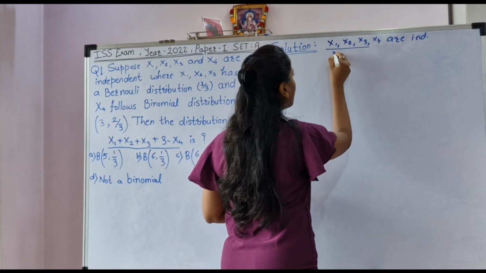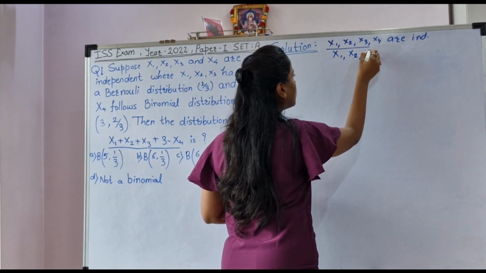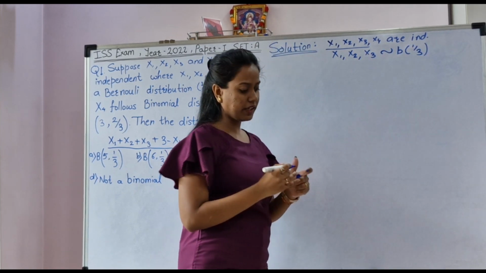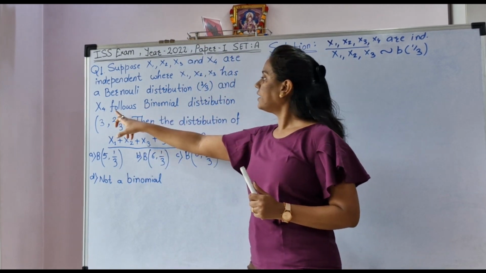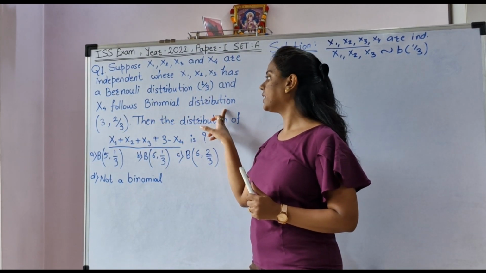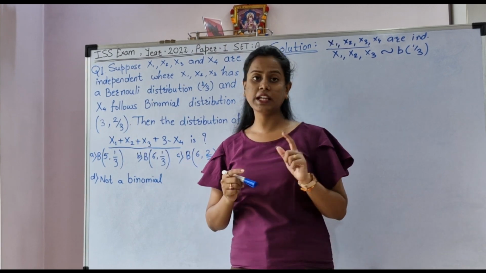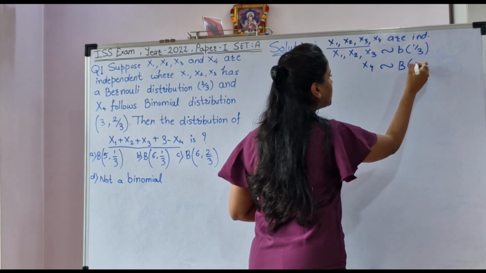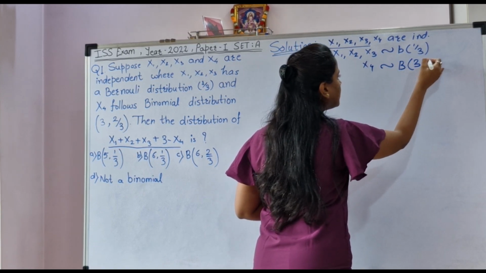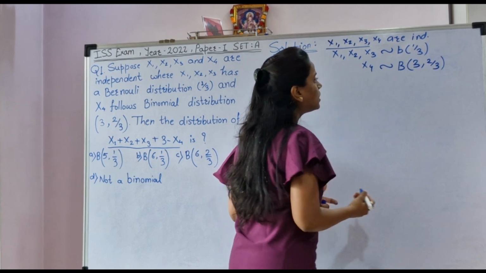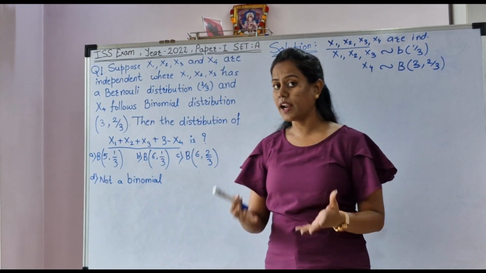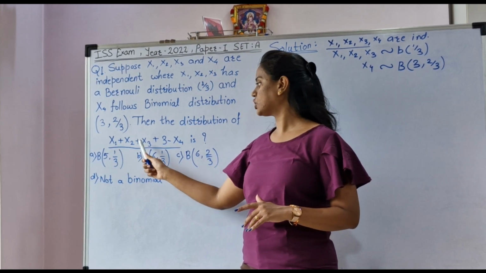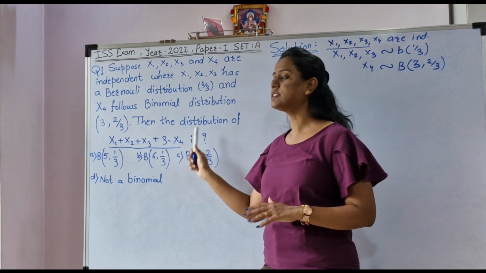Only out of these 4, 3 follow Bernoulli, with probability of success 1/3. And X4 follows a binomial distribution with parameter 3, 2/3. The fourth variable follows binomial with n as 3 and probability of success as 2/3. Now we want to find the distribution of X1 plus X2 plus X3 plus 3 minus X4.